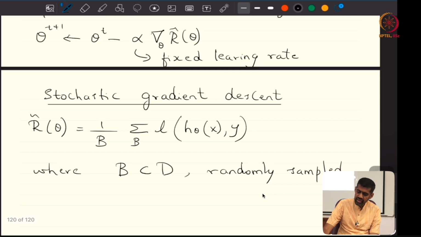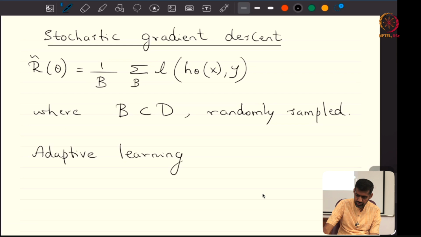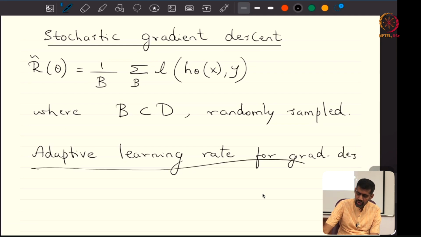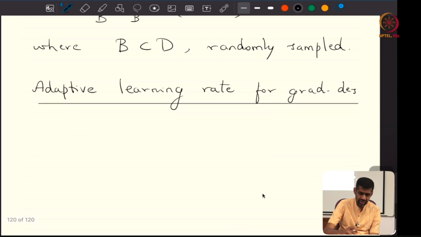Okay, so there are techniques that would incorporate this. There are a few adaptive learning rate techniques for gradient descent. We look at a few famous such things.